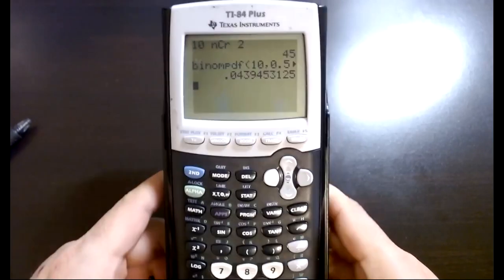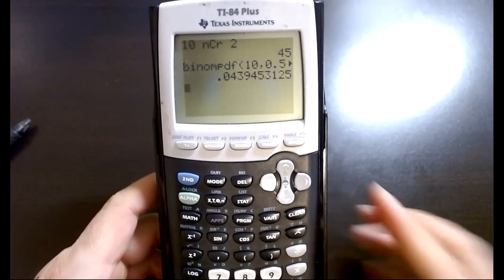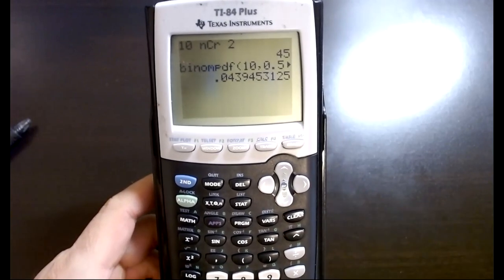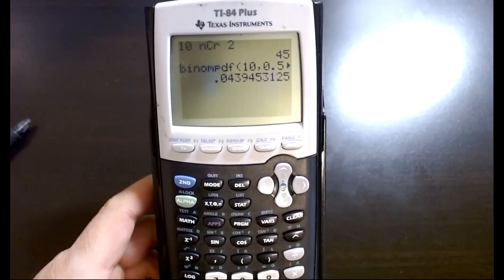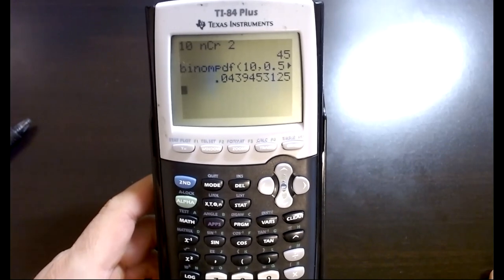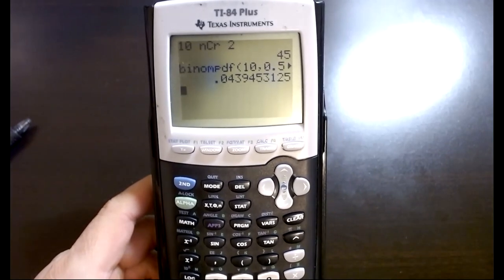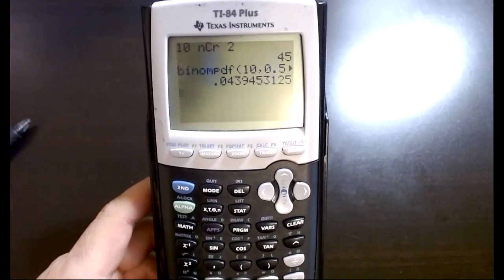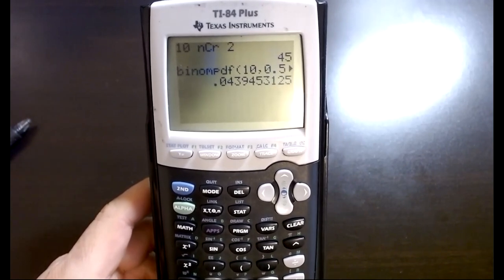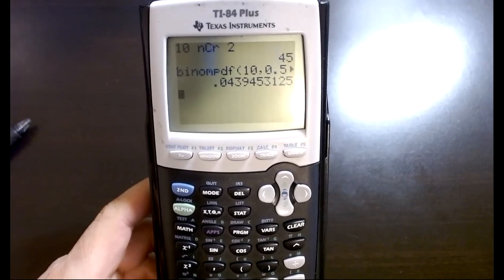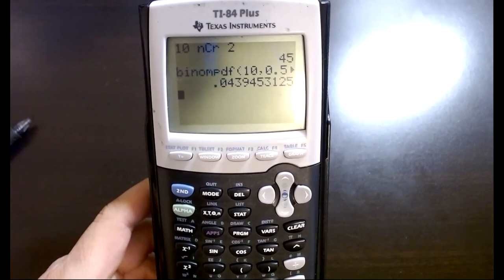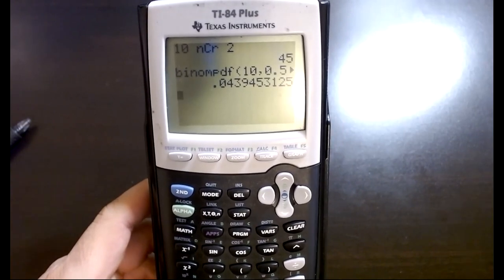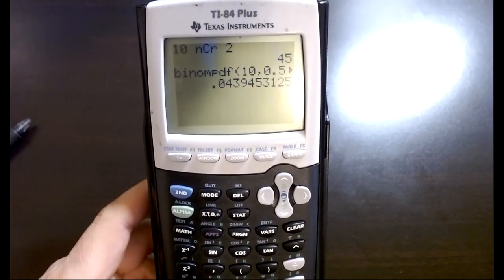Okay, so what about this? I want to figure out the probability, just assuming that we flip the coin 10 times, that X is less than or equal to 2. It means I want to figure out the probability that we get at most 2 heads.